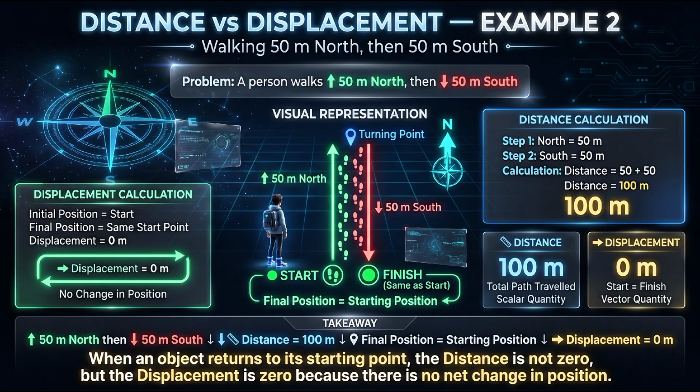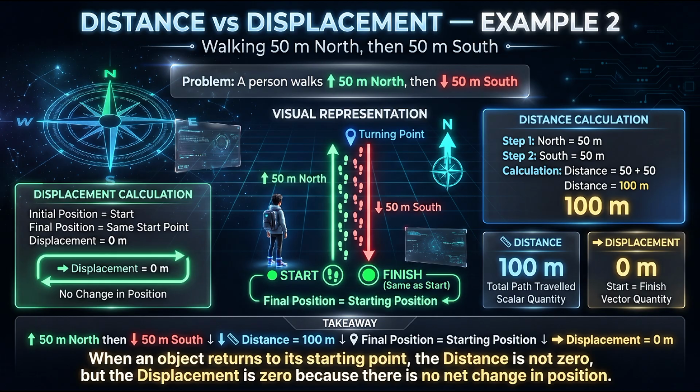This clearly shows that an object can travel a long distance but still have 0 displacement if it returns to its original position. Distance is a scalar quantity because it has only magnitude, whereas displacement is a vector quantity because it normally includes both magnitude and direction. However, when there is no change in position, the displacement is simply 0.